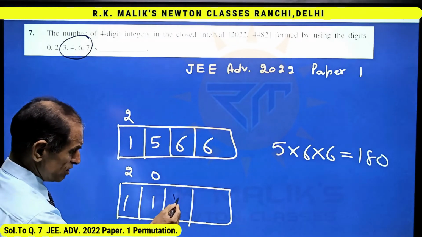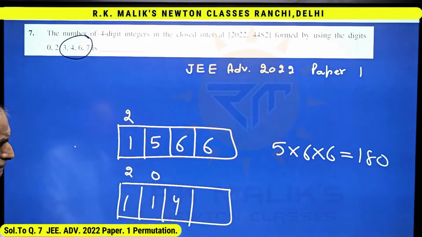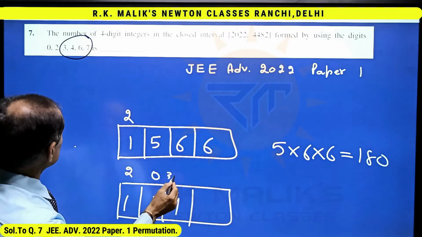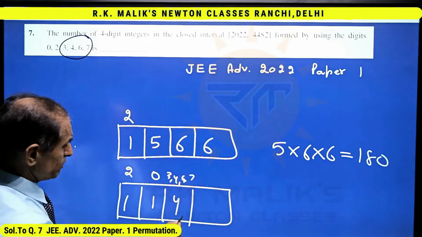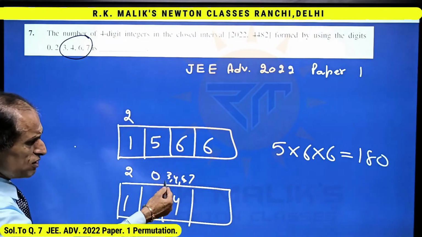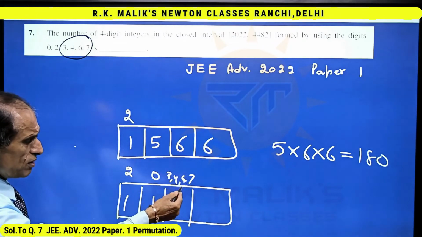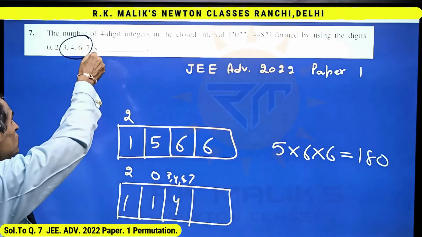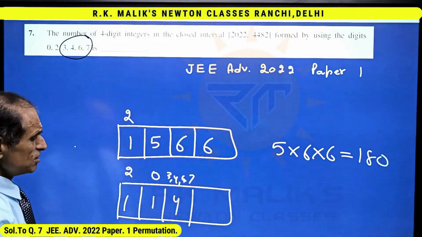First, I am dealing with that case which have 3 or 4 or 6 or 7 in the third place. That is, this place is filled in 4 ways. That is, here 3 or 4 or 6 or 7 has come. And once any of these digits has come, this place can be filled by any of these 6 digits.